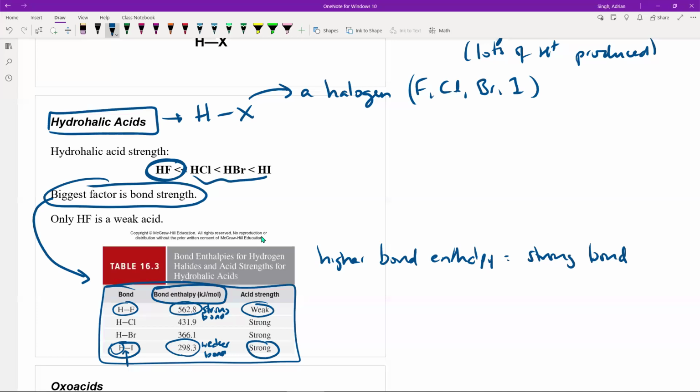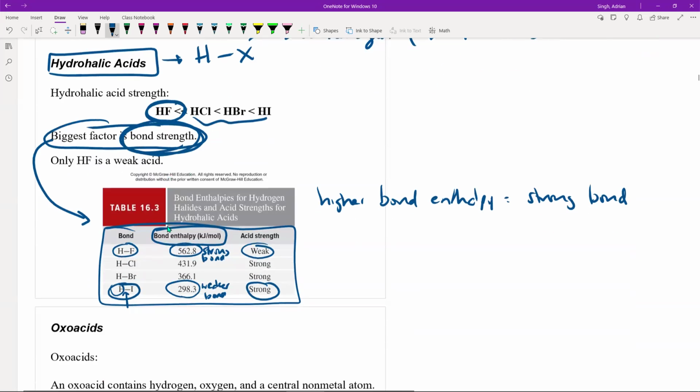All the other ones are strong because of their fairly low bond enthalpies. So for hydrohalic acids, the bond strength factor dominates and influences the strength of the acid more than the polarity of the bond.